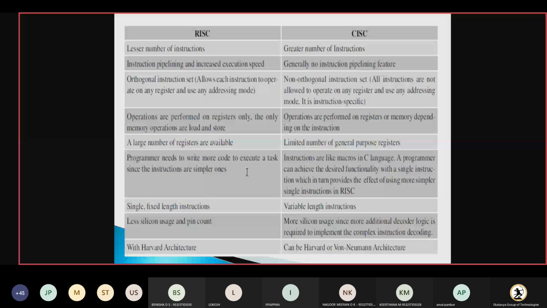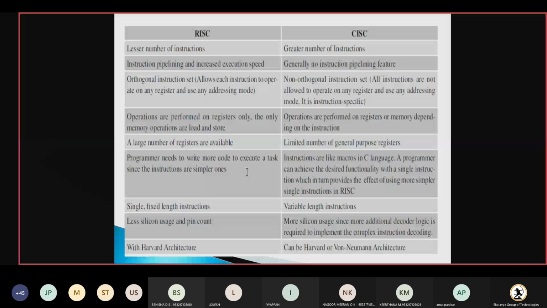Next, this is one of the important things, orthogonal instruction set. It allows each instruction to operate on any register and use any addressing modes. Addressing mode is how we indicate the operands. For example, let us take move A comma B. These A and B are called the operands.